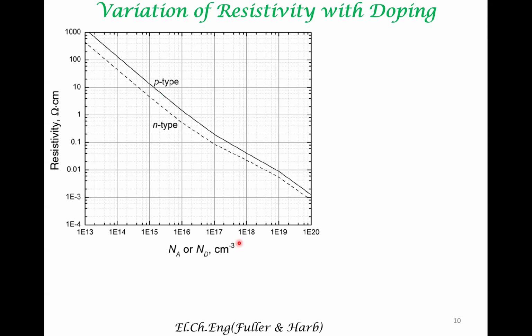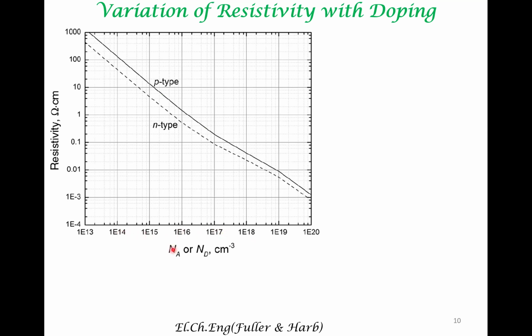As I mentioned, the dominant way of changing the resistivity or conductivity of a semiconductor is not by modulating the temperature. The dominant way of changing the resistivity is via doping, depending upon whether it is an n-type or p-type semiconductor. You increase the acceptor concentration or the donor concentration.